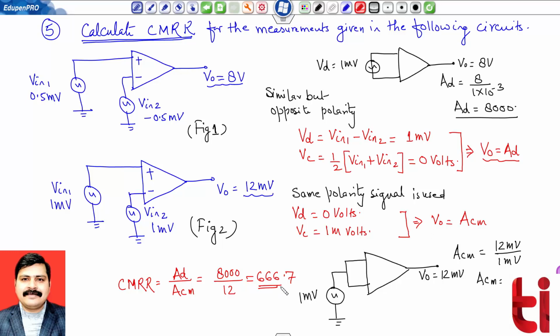This is the value of CMRR. In fact, you can also solve in decibel. I am directly sharing CMRR in dB. So it will be equal to 20 log base 10 of 666.7, which will be equal to 56.48 dB. So these are the results.